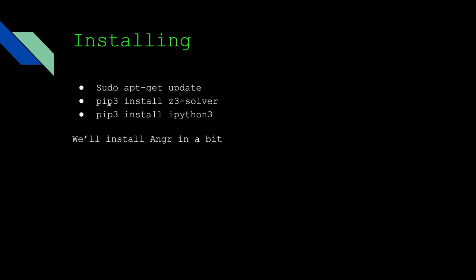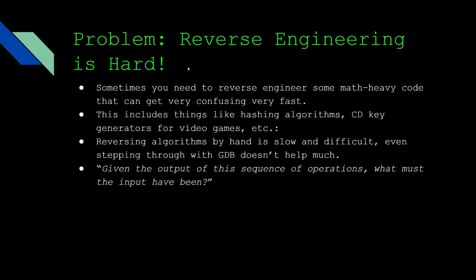Pip3 is the package manager for Python. We'll be using Python bindings for Z3, and then pip3 install ipython3, which I will talk about later. And you guys get to see all the exciting stuff we'll do with these two things. We also need to install Angr, but that's more complicated, so we'll burn that bridge when we come to it.